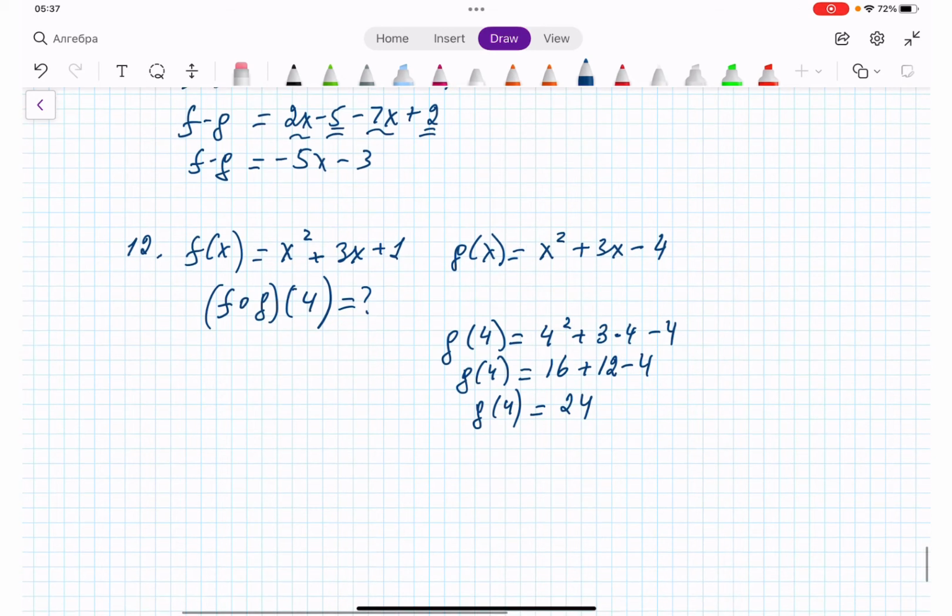Now, once we have g of 4 is 24, we can plug into f of x. So f of g of 4 is going to be equal to 24 squared, because we have here x squared, so it's going to be 24 squared, plus 3 times 24, plus 1.